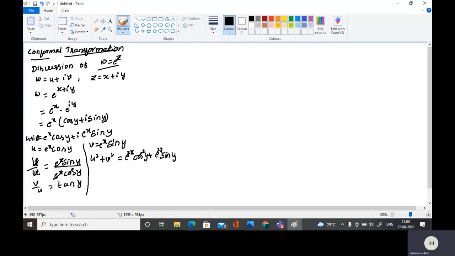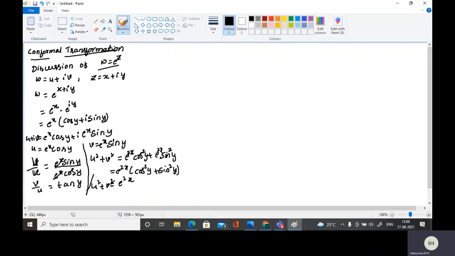Take e power 2x common, it becomes cos square y plus sin square y. By the trigonometric identity, cos square y plus sin square y is 1. So u square plus v square is equal to e power 2x.